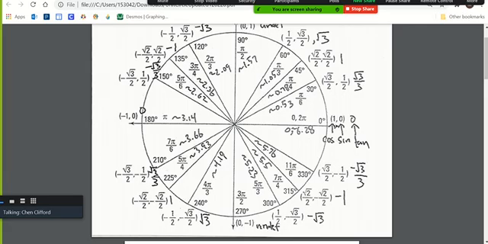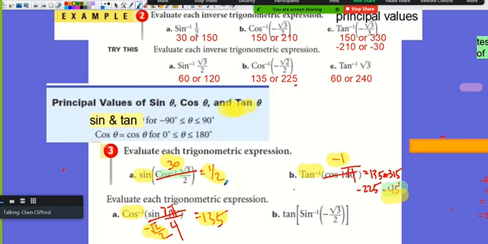If you look at the unit circle, 7 pi over 4 is negative root 2 over 2 right here for the sine.